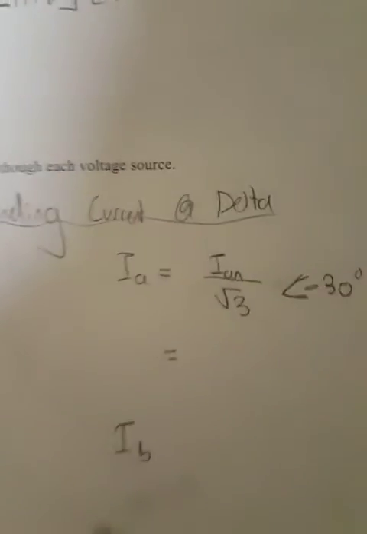So now we're going to move on to question C. Question C says that we're going to compute the current through each voltage source. How do we do that? We just go over here and look at our formula. The current through each voltage source is I equal to IAN divided by root 3 multiplied by angle 30.